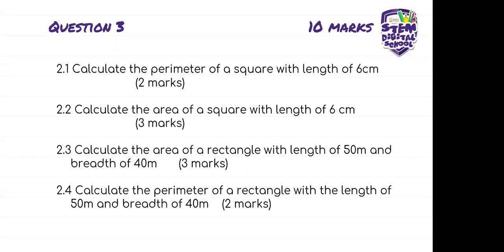The area of a rectangle is equal to the length multiplied by the breadth. And then, of course, the length there is 50 meters. So if the length is 50 meters, then the breadth is 40. So you simply multiply 50 times 40.